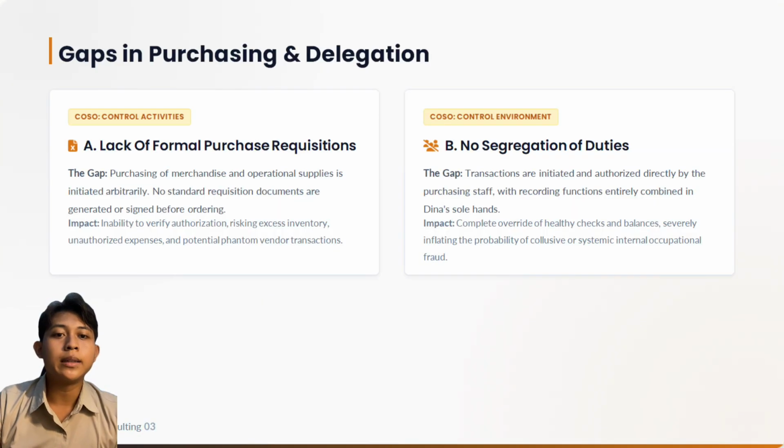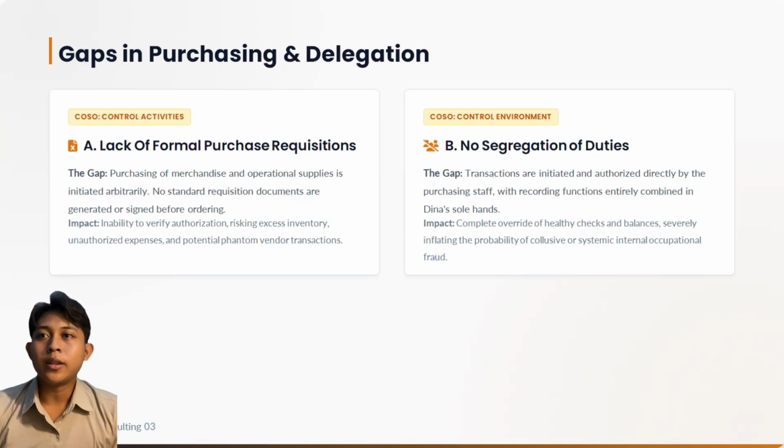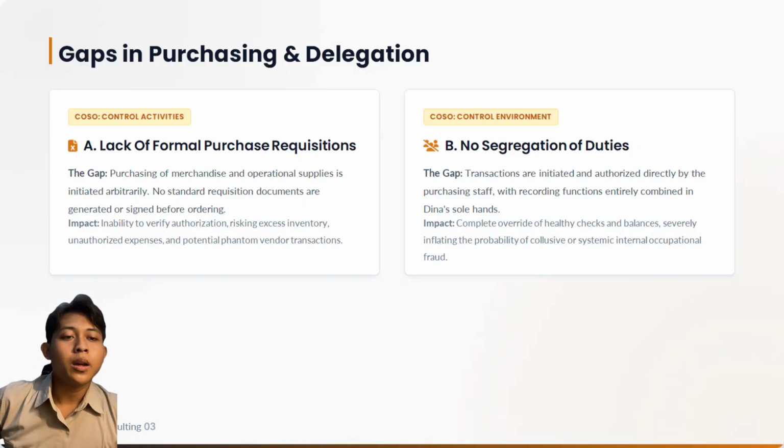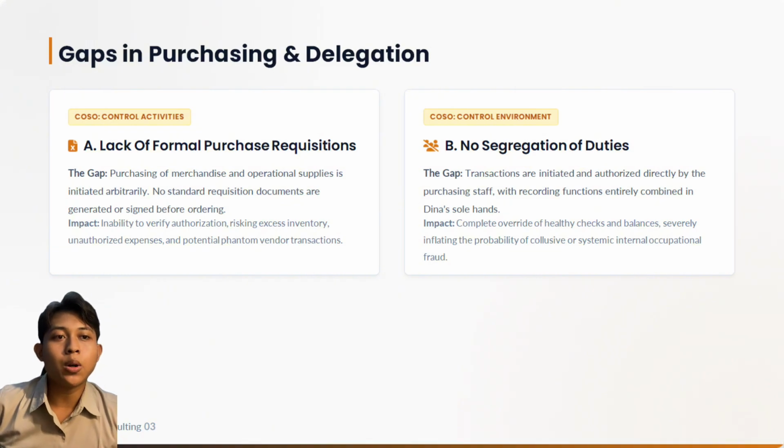The first one, we found a lack of formal purchase requisition documents. At ABC MSME, we found that the purchasing of merchandise or operational supplies is initiated without any formal purchase requisition document.